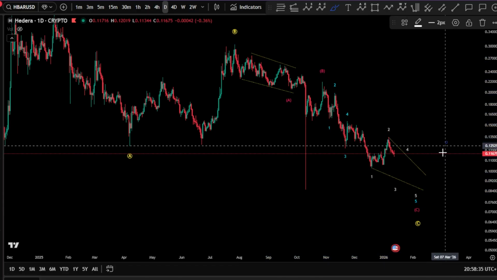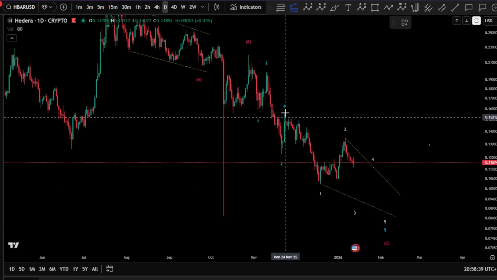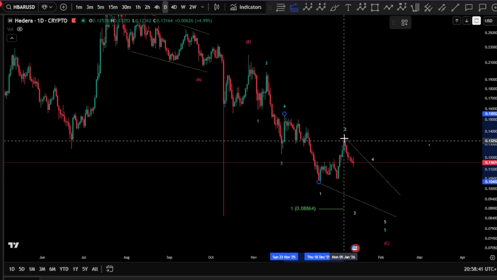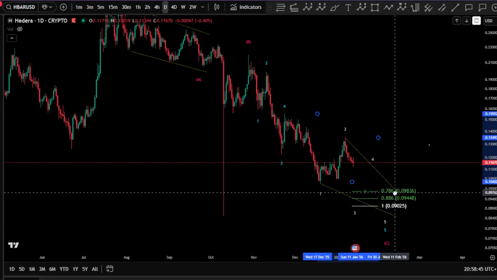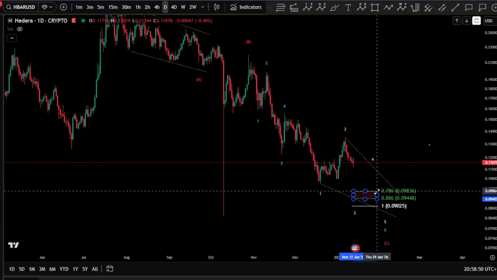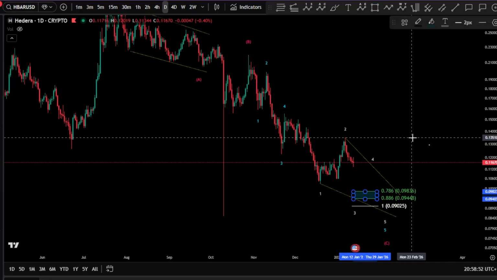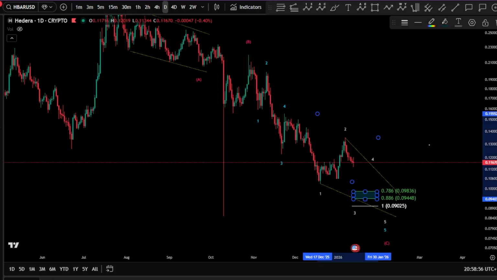So this is what I'm looking for here. And the next target, therefore, in precision, I'm looking for the wave 3 in this diagonal. This diagonal might be your target in a wave 3 in case you are looking for some targets.